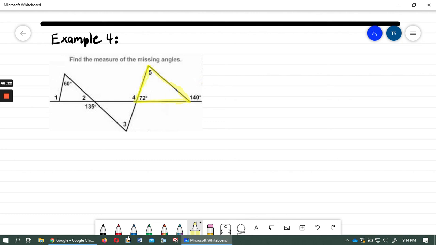Y'all see the one that I highlighted in yellow? Okay, you can see it. All right, so let's focus on working out some things with this triangle. Now, folks, if we're going to do one thing at a time, the one thing that we know about this triangle right now is that 72 degrees.